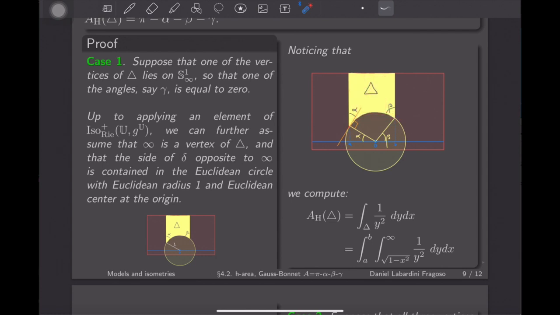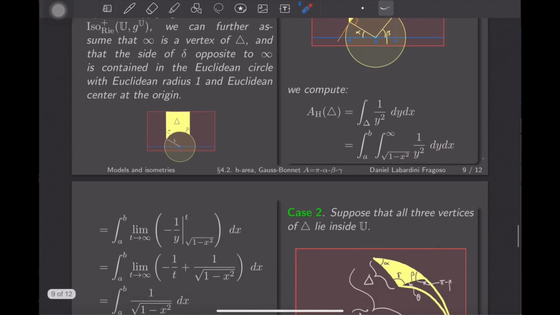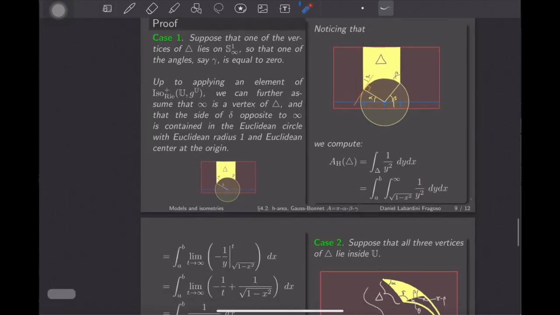The parameterization of this is here, and then for each x we just go to infinity, and this is what we integrate, right? So that's basic calculus.